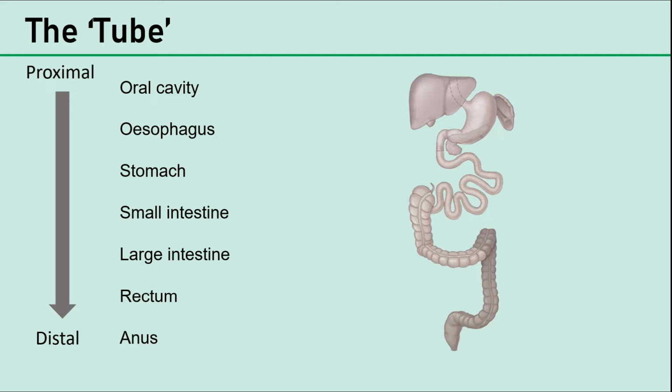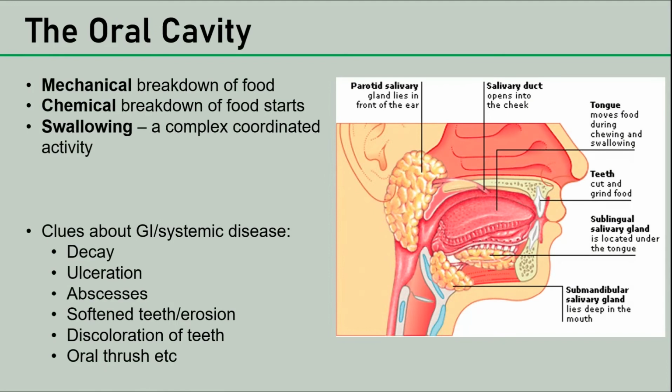So let's have a look at the first stop. Let's break down the oral cavity further and look at what happens there. So the anatomy of the oral cavity you should be fairly comfortable with.